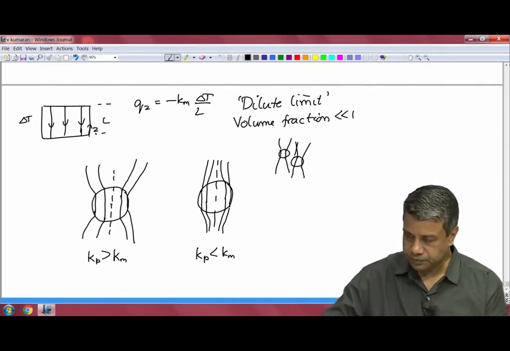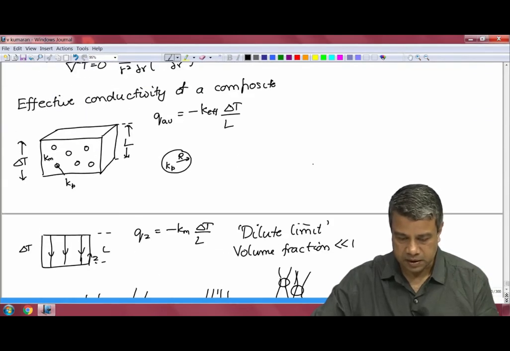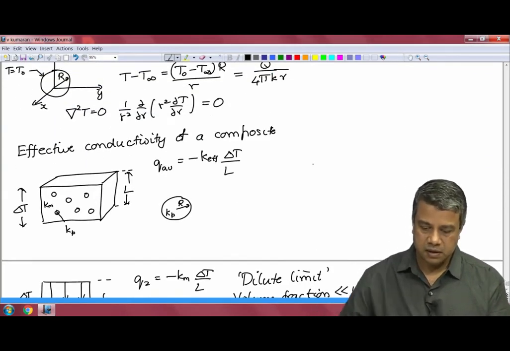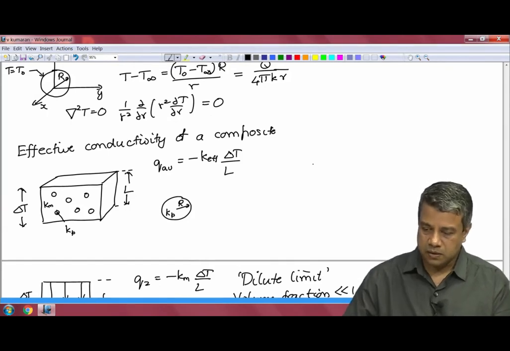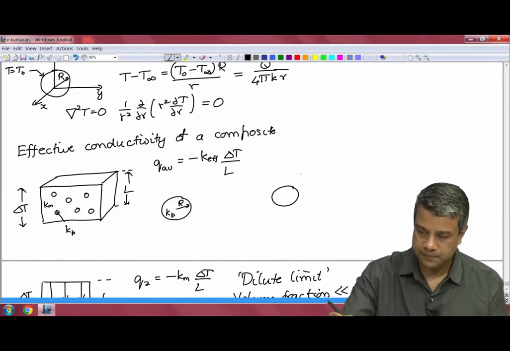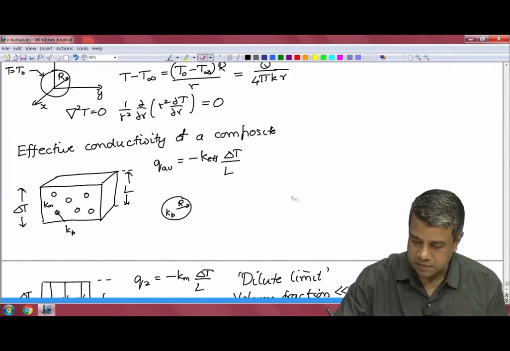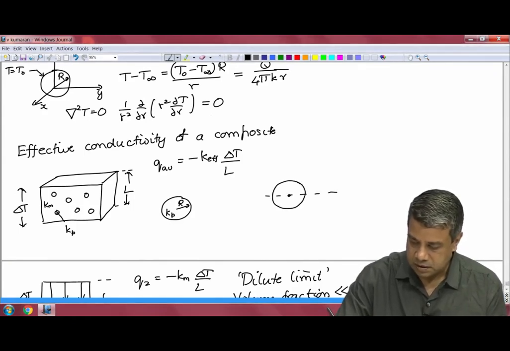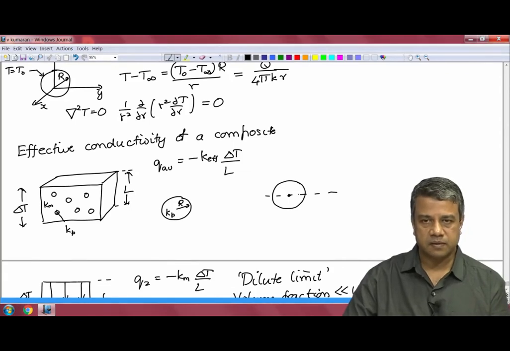So, it is the dilute limit, and in this dilute limit, you can consider each particle to be placed in a temperature field which, at infinity far from the particle, is a linear temperature gradient.